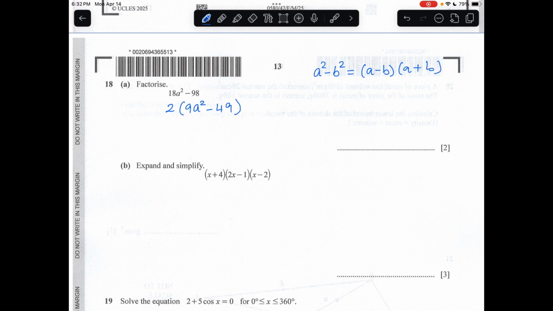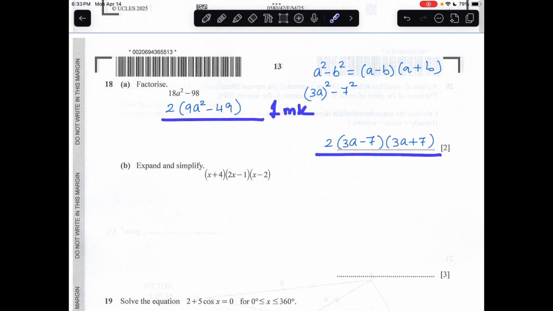So in our case, it's going to be (3a) squared minus 7 squared, because (3a) squared is 9a squared and 7 squared is 49. So the answer would be 2 times (3a minus 7)(3a plus 7). Remember, if you leave it here, you're going to score just 1 mark. Full factorization would be this.